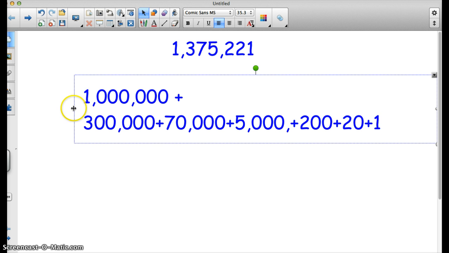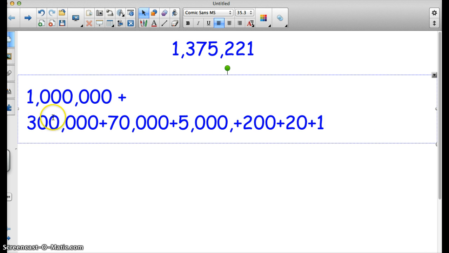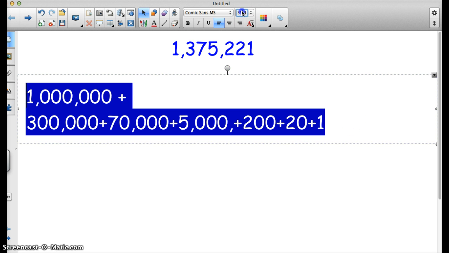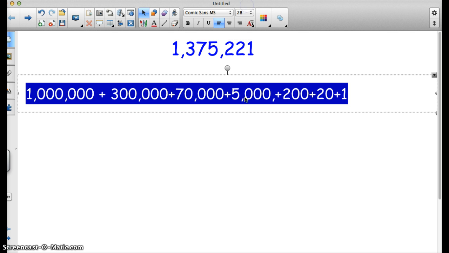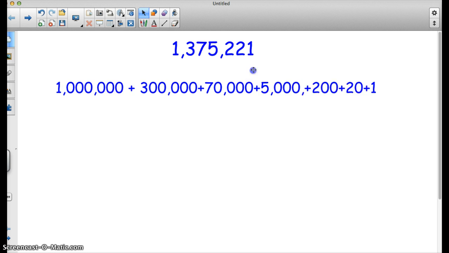So we just take all the numbers that are there and we stretch them out into an expanded form. And that's how we turn something into expanded form. Just going to change the size so it all fits on one, and that's expanded form.